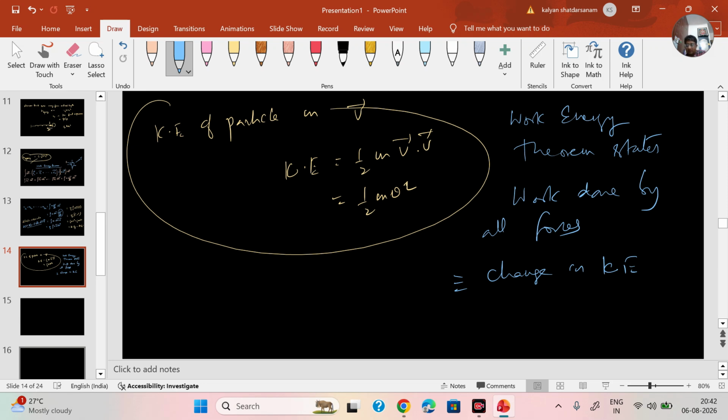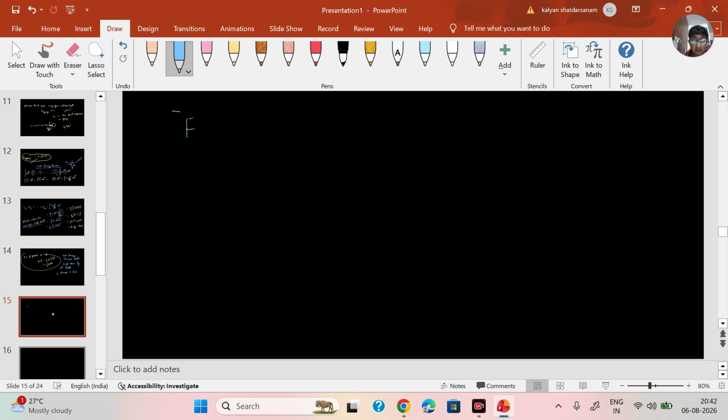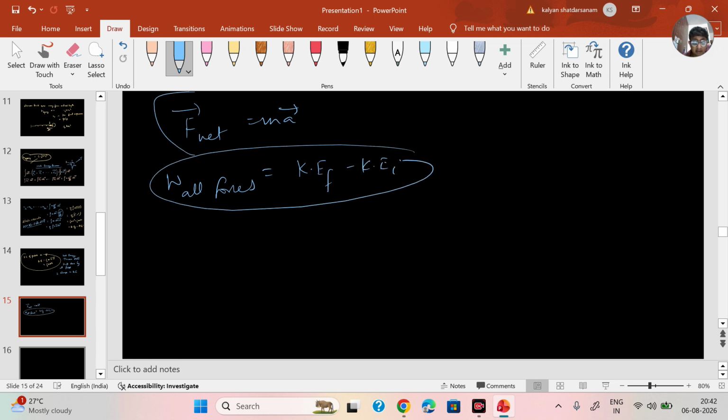So work done by all forces on a particle is equal to change in kinetic energy of the particle. This is Newton's second law only, but in a scalar form. Newton's second law, net force is mass into acceleration, involves vectors. Work done by all forces is change in kinetic energy, final kinetic energy minus initial kinetic energy. This is also Newton's second law, but a modified form.